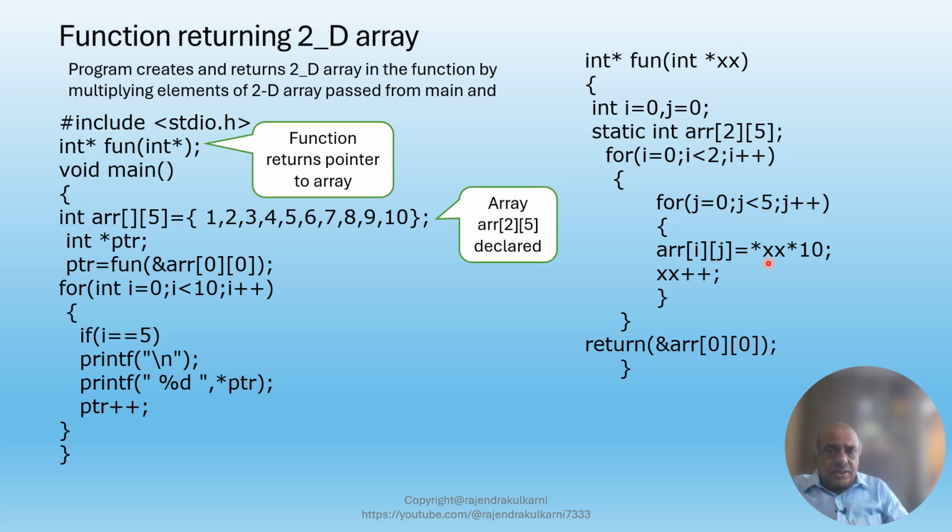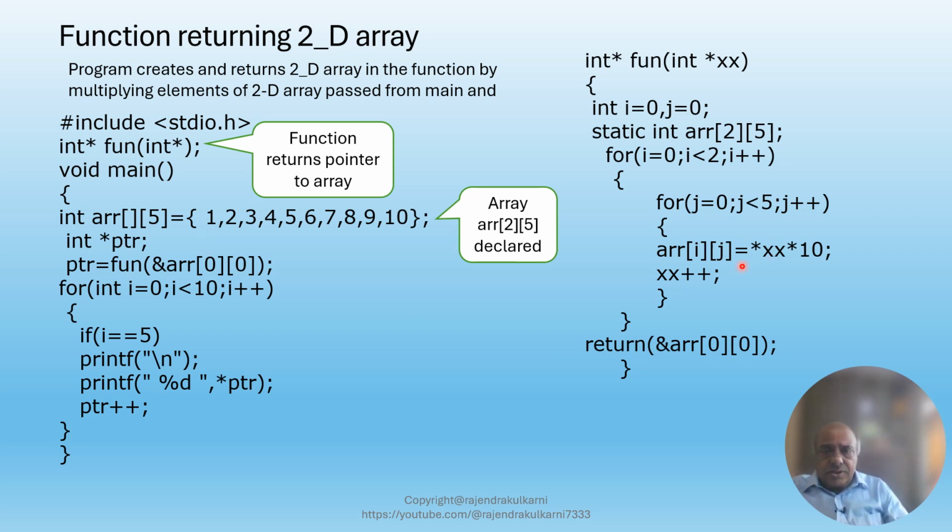In the first iteration when i is equal to 0 and j is equal to 0, XX will contain the address of the 0th element of the array ARR of the main, which will be 1.